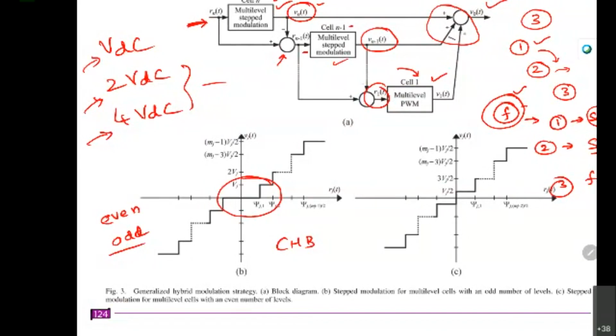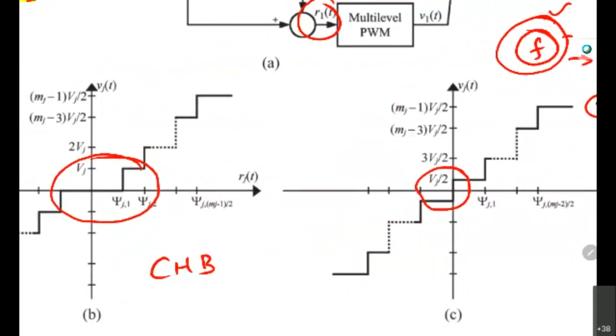Why odd number of levels? In the case of an odd number of levels, we will generate a 0 level. In the case of an even number of levels, we cannot generate a 0 level. It looks like it is 0, but this level is actually changing from this value to here, to here.